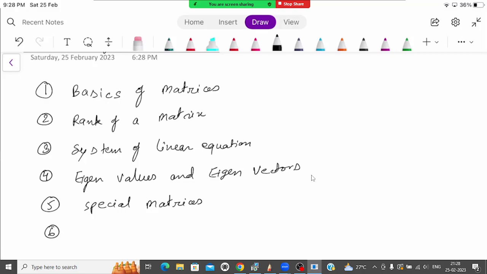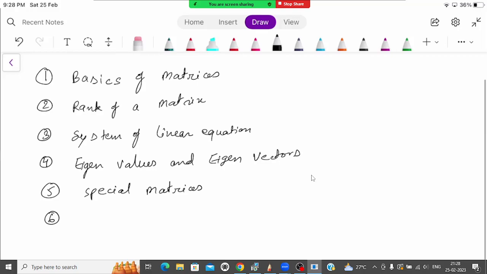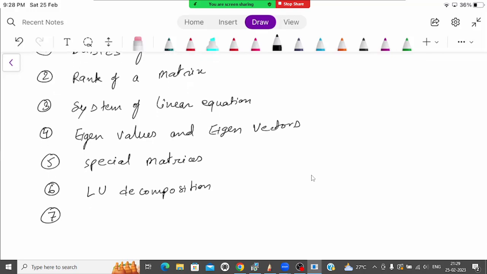Sixth topic would be LU decomposition. Seventh one will be minimal polynomial.